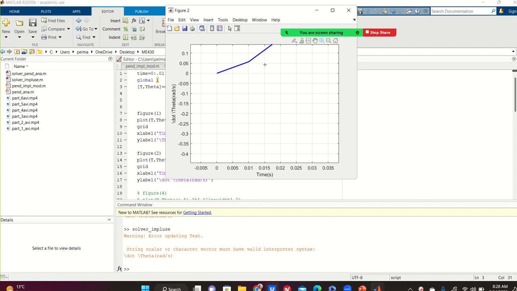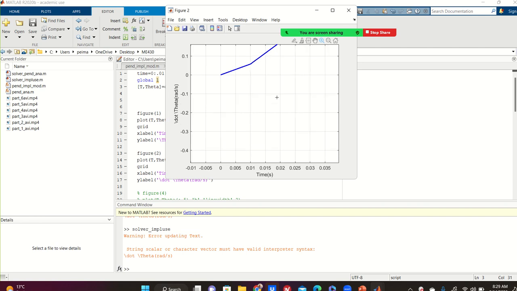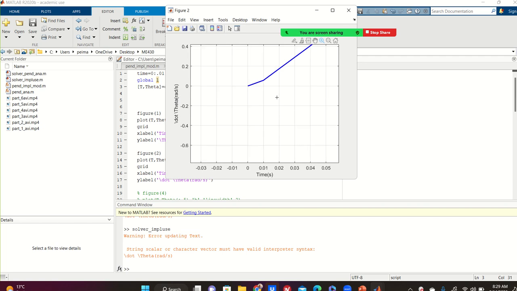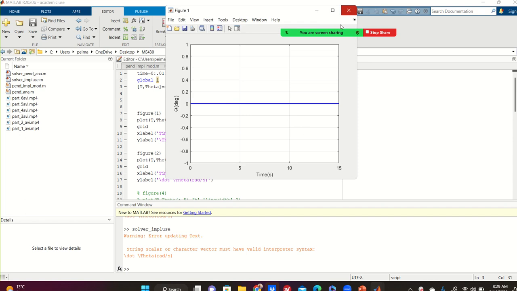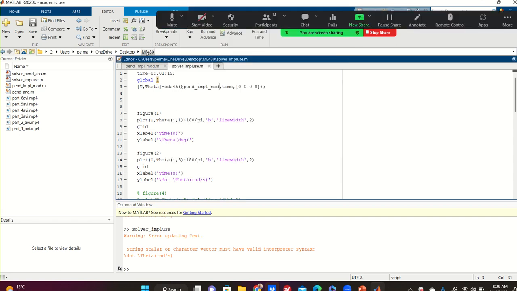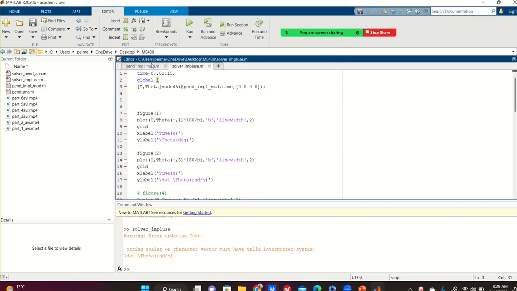In this area, see, 0.01. Then the system, based on its internal dynamics, is going to oscillate. But without the impulse, it's going to remain there. Clear, everybody? Good.